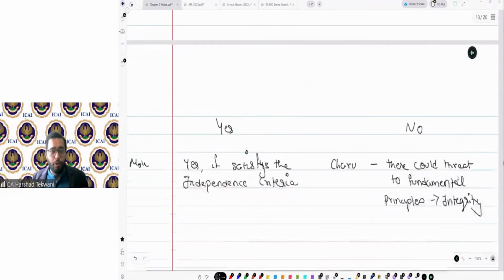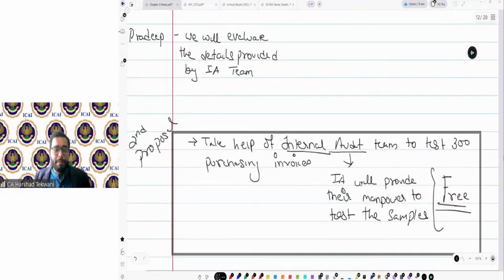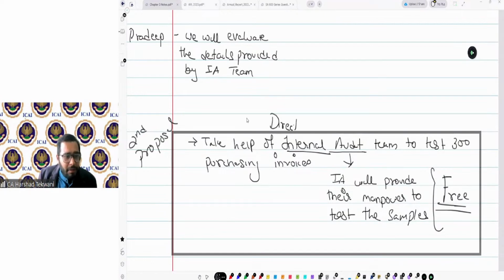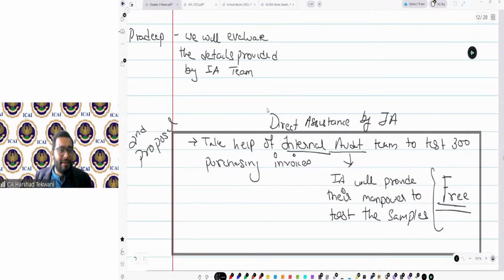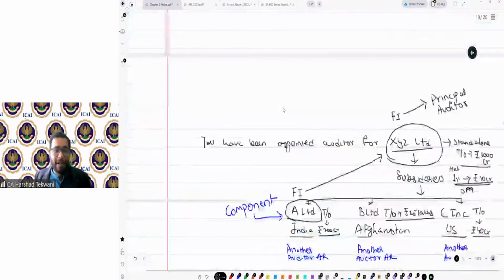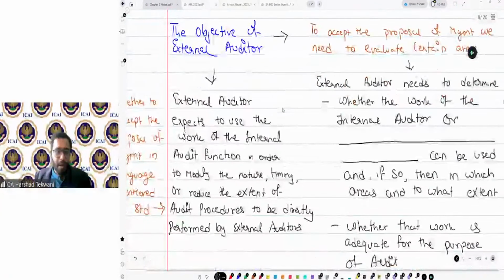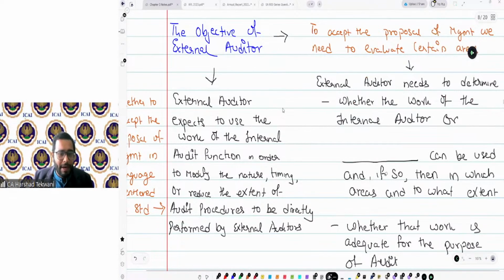Both are correct. So when I talk about the second proposal in terms of the standard, it is known as direct assistance by the IAT. When to use direct assistance, again, SA 610 guides you. When to accept the second proposal, where I kept the line empty, the standard also guides you at that particular place.